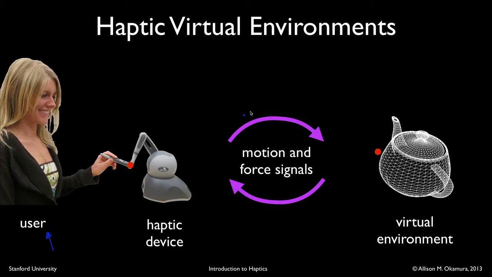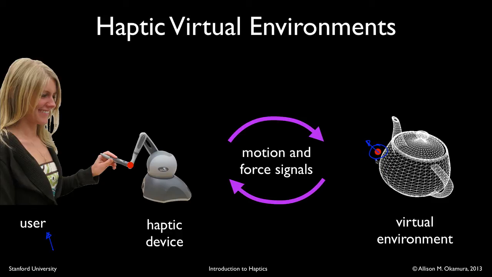So her movements are being translated over here to a virtual environment where her haptic interaction point is being represented by this little red cursor. And she can touch this virtual teapot and it will generate forces that push on her so it feels as if she's really touching something. Now this is the virtual environment which is housed in the computer, and so there's simply a computer program which is saying, based on how Ann moved, how much force should I apply?